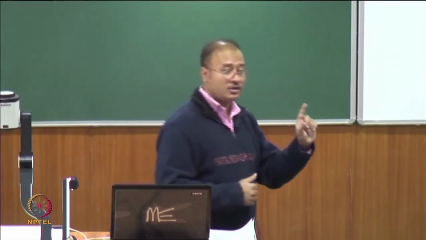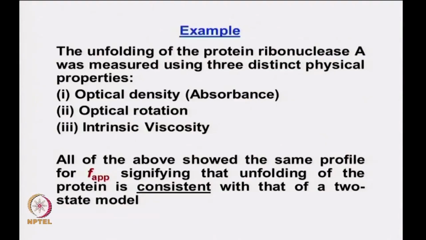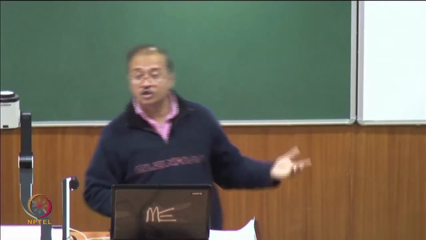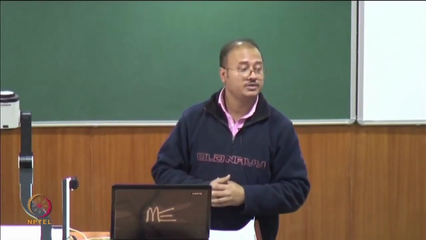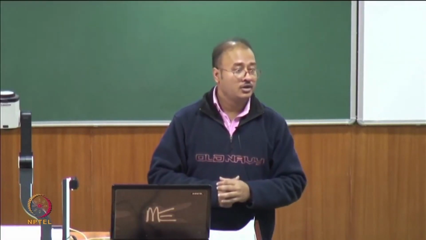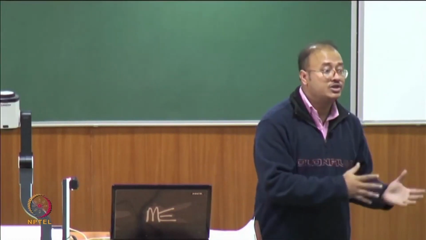Is it clear? So, we started from this nonlinear fitting routine based on a 2-state model, then we moved on, invoked intermediates, and saw how the K apparent and F apparent would change, and then what is the significance of this DI, how does it differentiate between a 2-state and a multi-state.